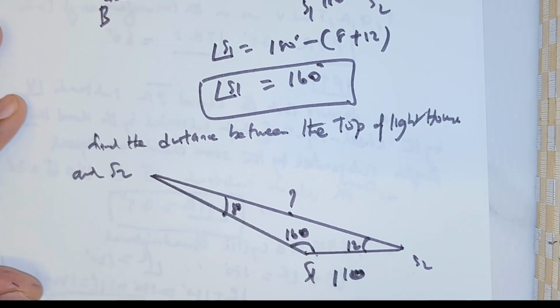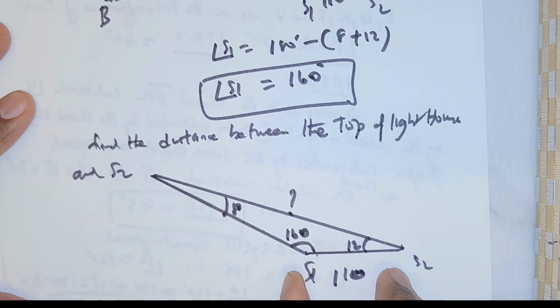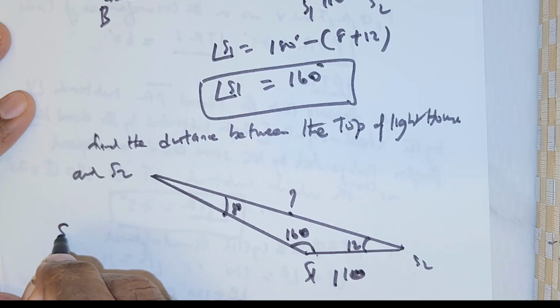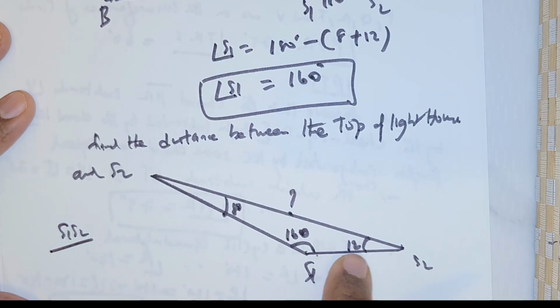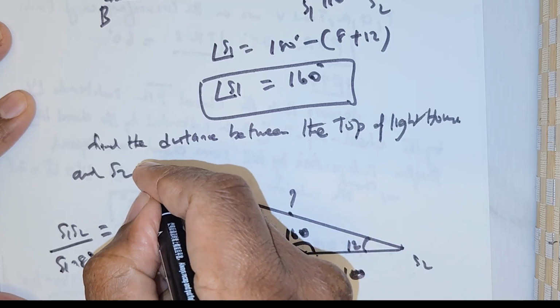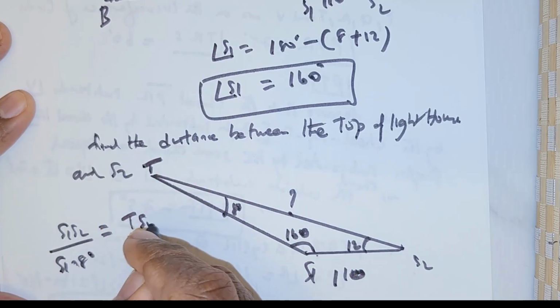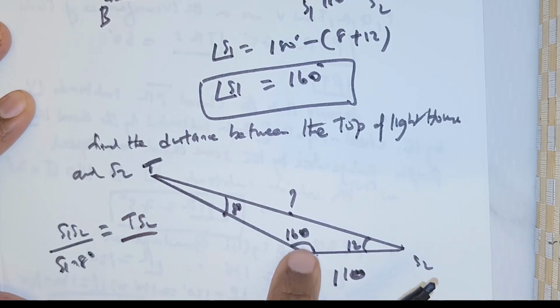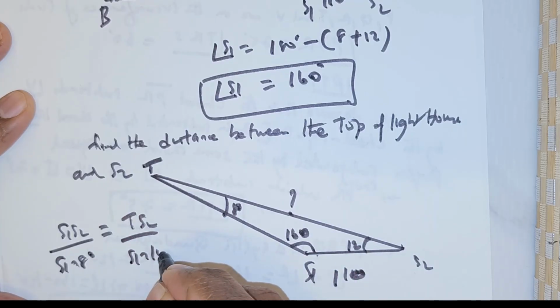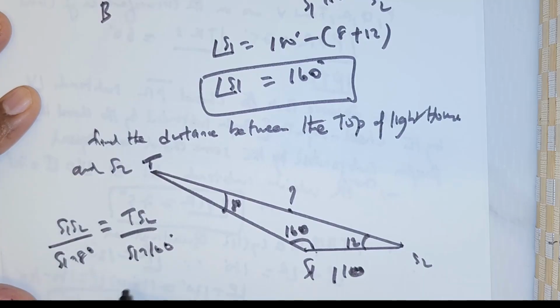Okay, so by sine rule we will use S1S2 divided by this angle, sine of 8 degrees, is equal to this distance, TS2, divided by this angle, sine 160 degrees.